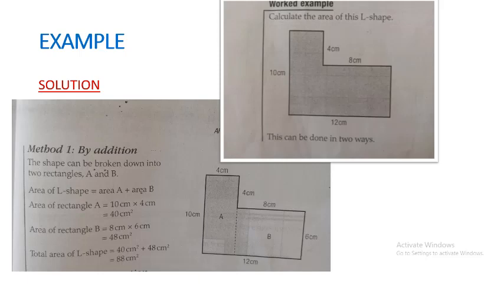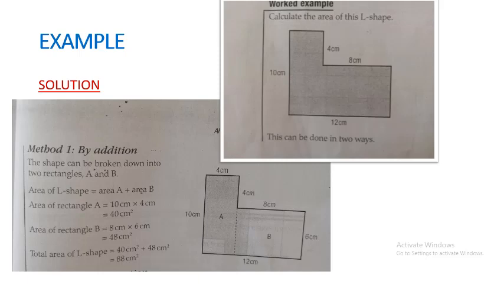It means that we are going to divide the shape into simple shapes, and then calculate the area of each simple shape, and then at the end we will add all the answers from the simple shapes to find the total area of the whole shape.